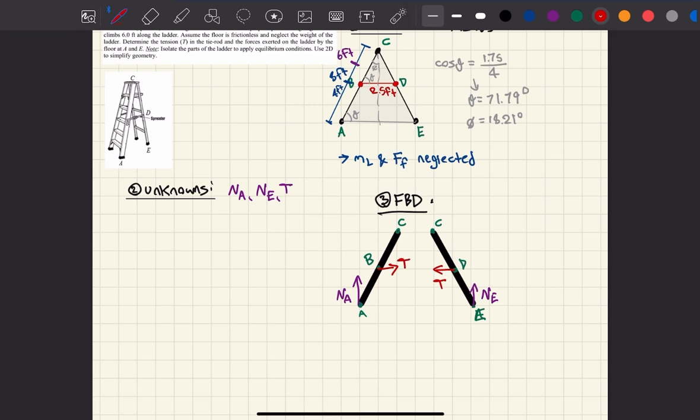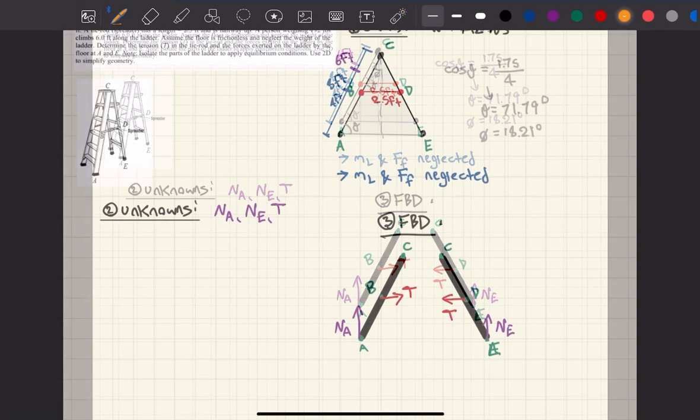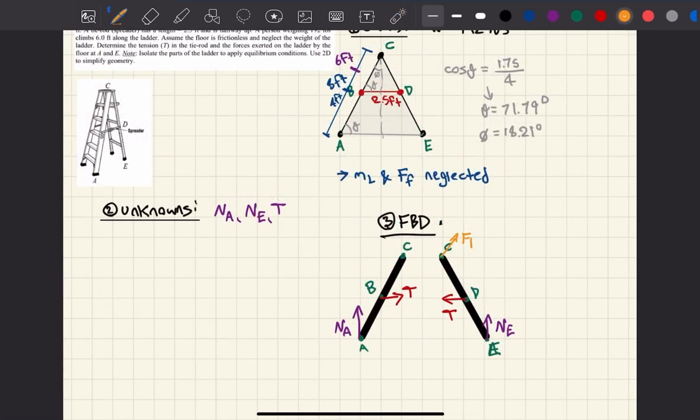What other forces do we have? Well, we do have one force, and that is right up here. You have the force of this side of the ladder acting like this, and this side of the ladder, and that can be drawn like so. You only have these forces because you're sectioning the ladder. Previously, when it was a full body, you don't take these internal forces into account.